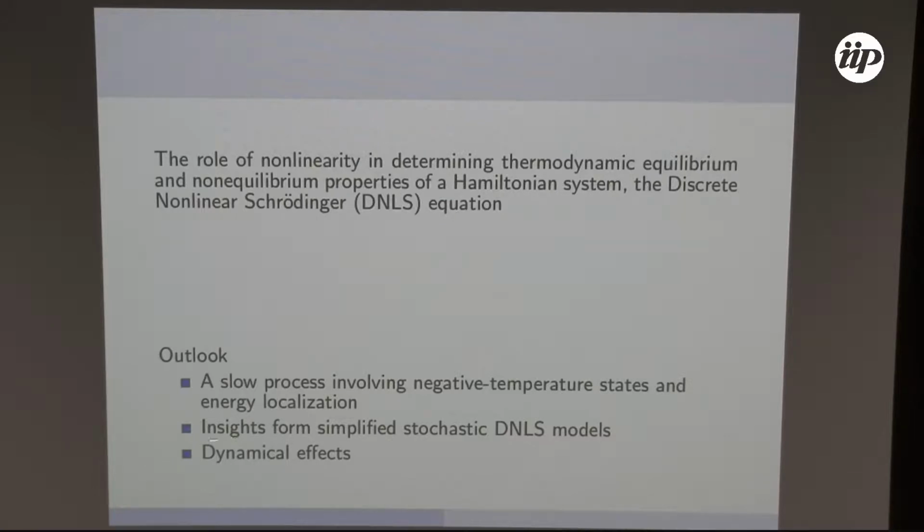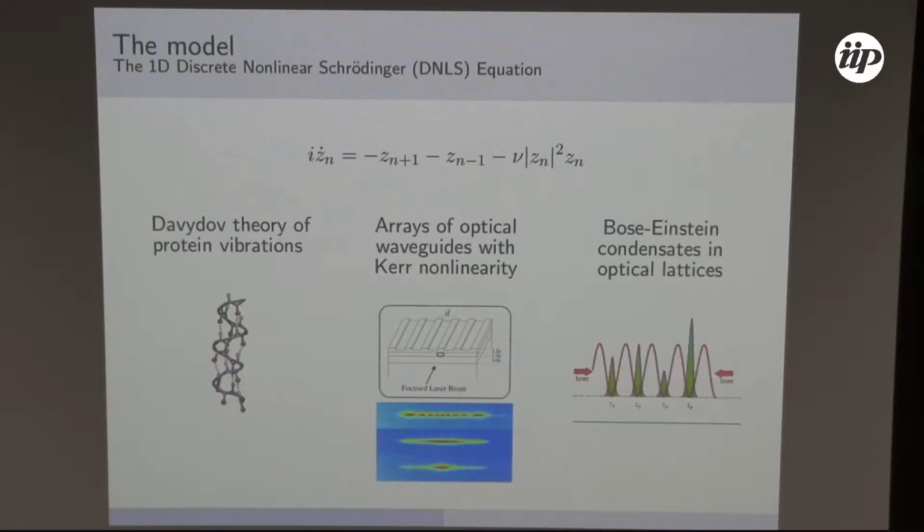In the second part, I will discuss some results related to stochastic versions of the discrete nonlinear Schrödinger equation that helped us to understand, in some sense, the basic rules of the game. And in the last part, I will discuss purely dynamical effects. Okay, so let us start.